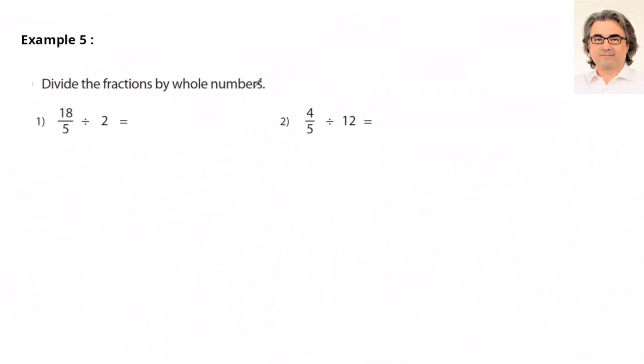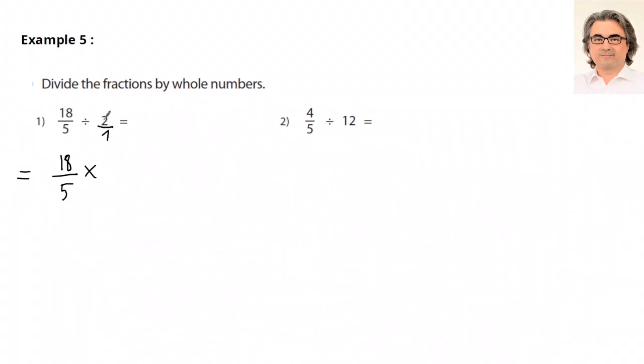Divide the fractions by whole numbers. Now, 18 over 5 over 2. 18 over 5 should be written again. 18 over 5 times, then instead of 2, what should I write? You know 2 is 2 over 1. If you change this division operation to multiplication operation, then you should change the second fraction into its reciprocal.